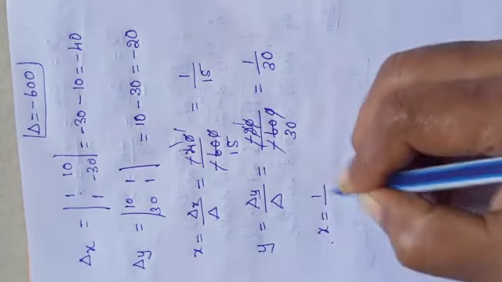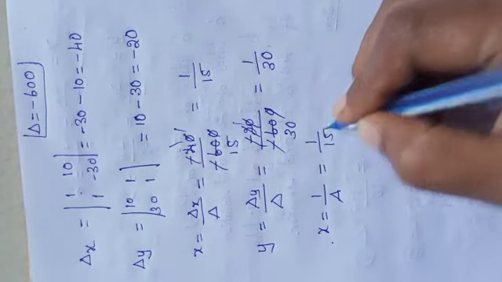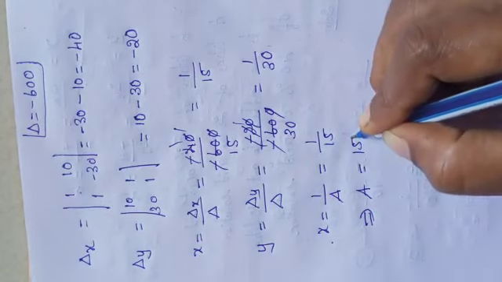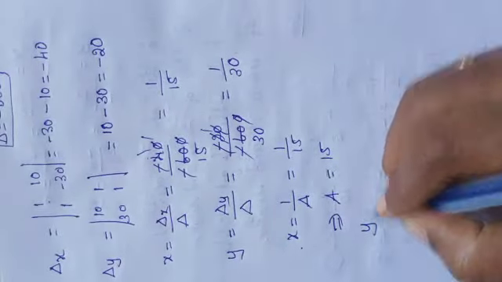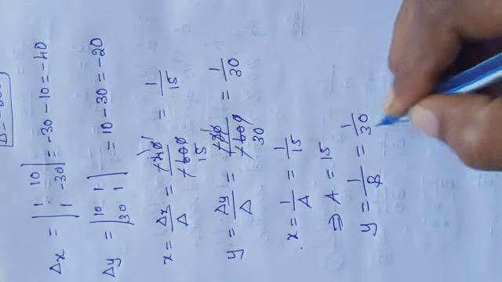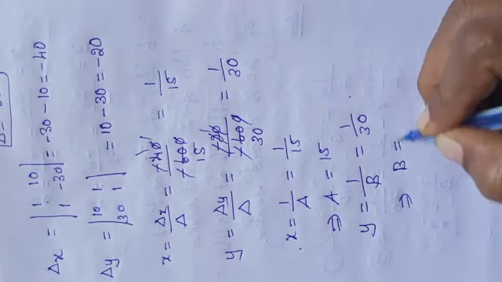So we know that x is equal to 1 by a, isn't it? We have got 1 by 15, which implies, taking the reciprocal, a is equal to 15. Same way, y is equal to 1 by b and our answer is 1 by 30. So when we take the reciprocal, we get b is equal to 30.